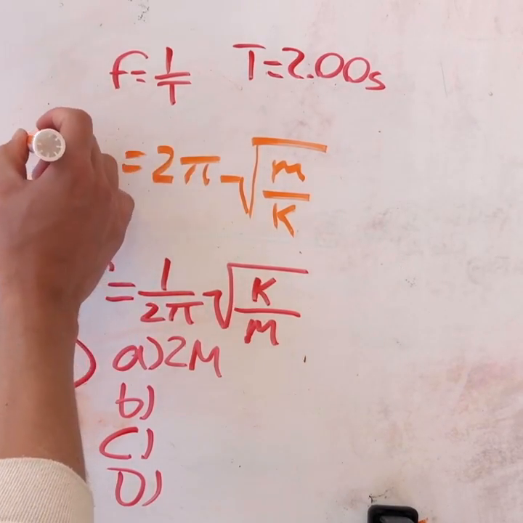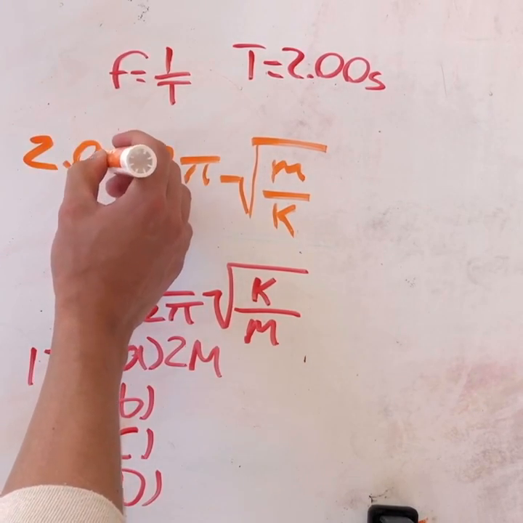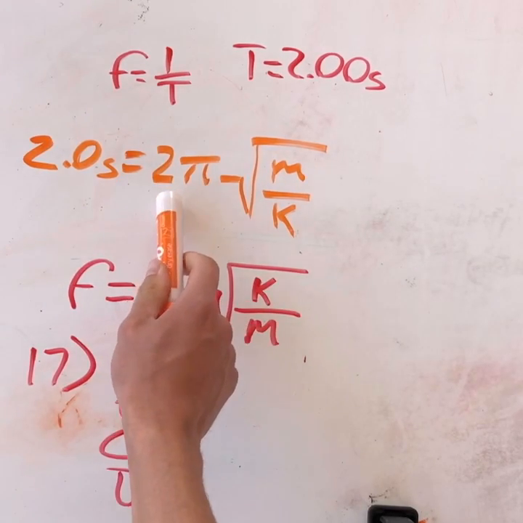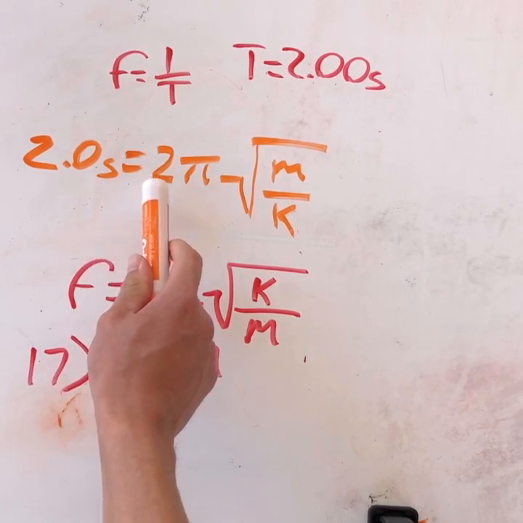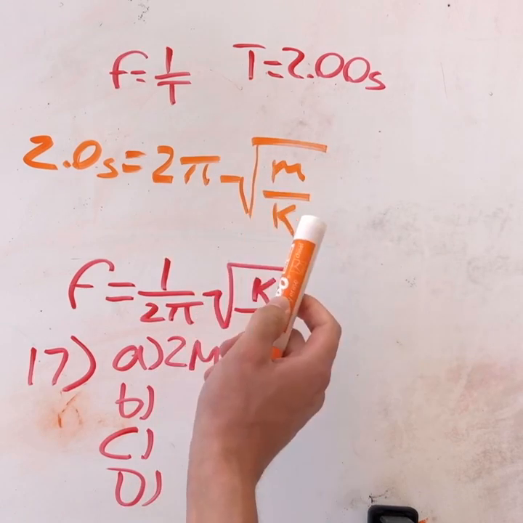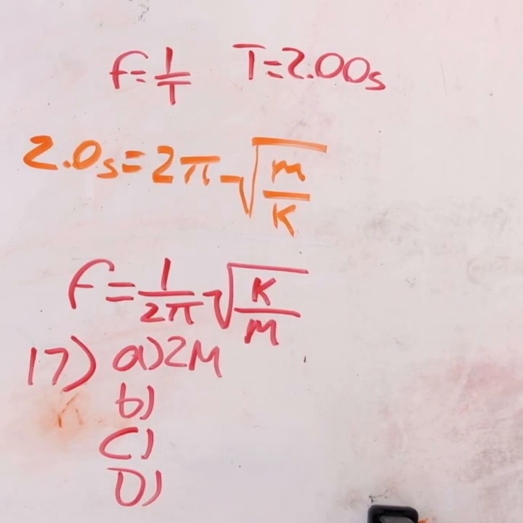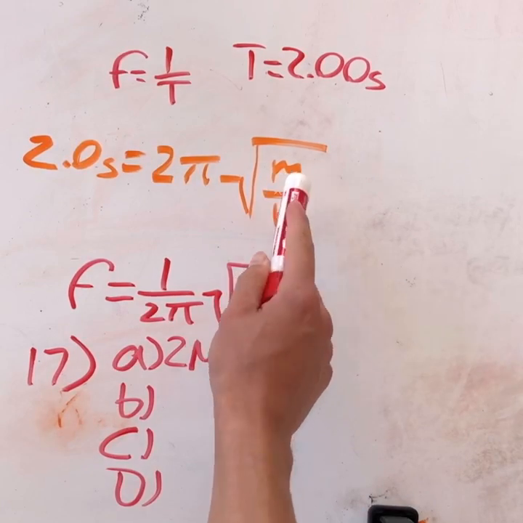Period is equal to 2.0 seconds, and that 2 seconds is equal to 2 pi times the square root of the mass, whatever it is, divided by the k, whatever it is. Now we want to know what happens if we sub in 2m for this number.